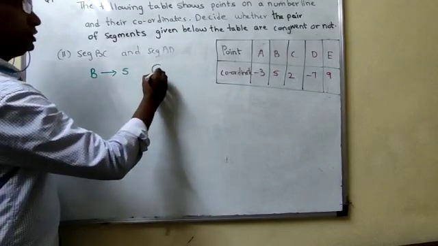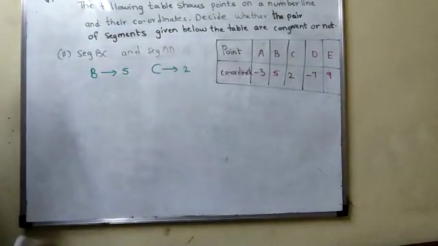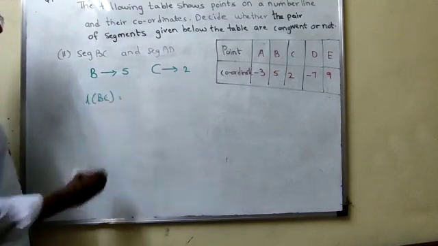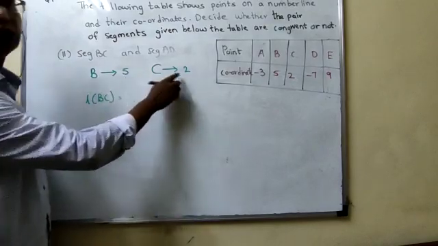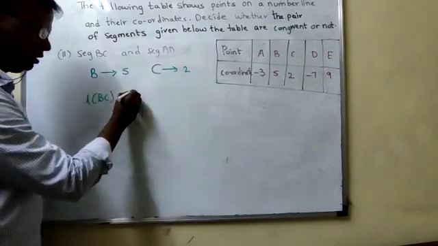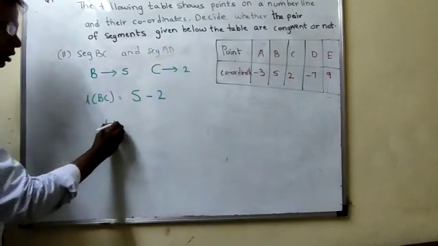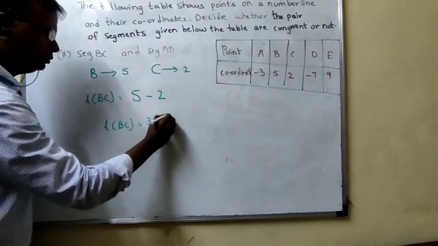What is the coordinate of C? 2. Therefore the length BC, or distance once again. What is the formula for distance? Larger coordinate minus smaller coordinate. Which is the larger coordinate here? 5 minus the smaller coordinate 2. So the length BC is equal to 3 units.